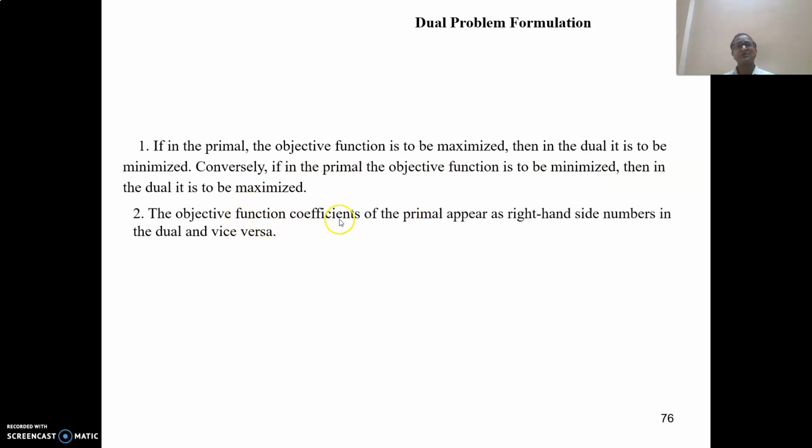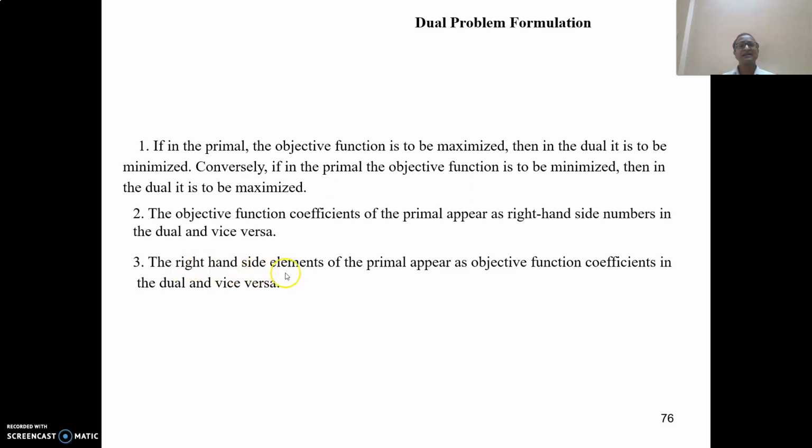If the objective function coefficients of the primal appear as the right side numbers in the dual, and vice versa, it means that in the primal problem the objective function is, say, z is equal to 5x1 plus 2x2, then the coefficients of x1 and x2 in the dual will appear on the right hand side of the constraints, and vice versa.